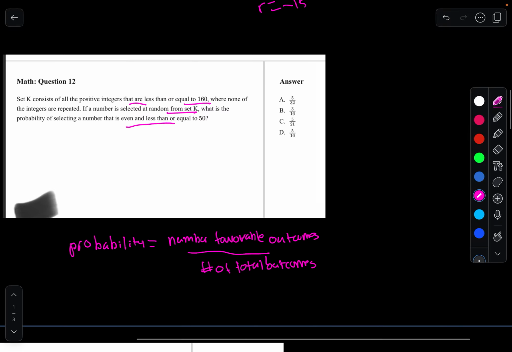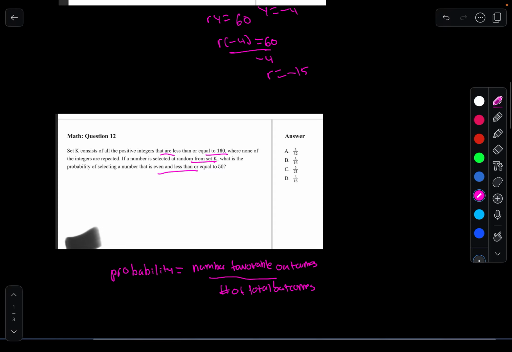So we've got to find those two variables. Right here, this is the set, so it's going to be the number of total outcomes. And since they're positive integers, it's just 160. There are 160 positive integers between 0 and 160.